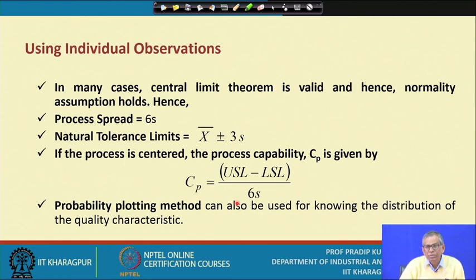When you get the value of x, or the notation could be y, that is the output, the quality characteristic, in repetitive manufacturing or any kind of manufacturing system, you get this value in the downstream stage.